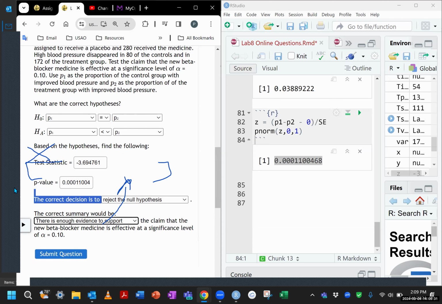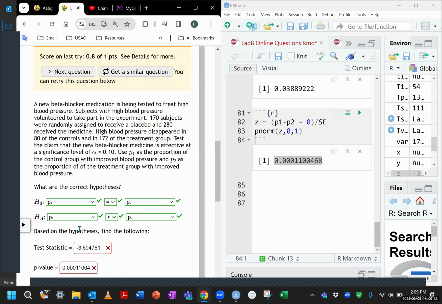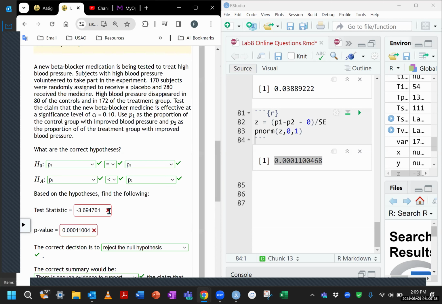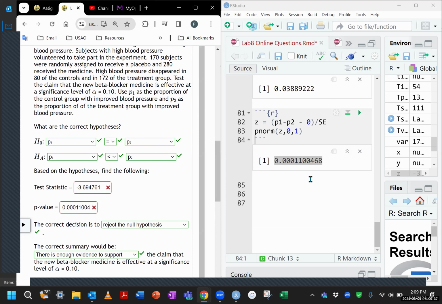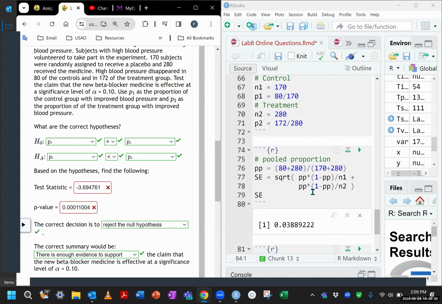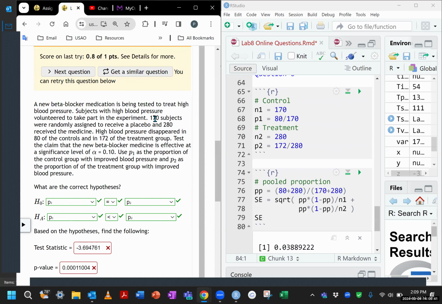And now I'll check my work, make sure it all checks out. Ooh, looks like I made a mistake. Let's go see if I can check my work here. Check my numbers. So 170 is the number of control subjects, placebo, yep. Over, ooh, look. 170 is that group, 280 received the medicine, 80 controlled, 172 in the treatment group.